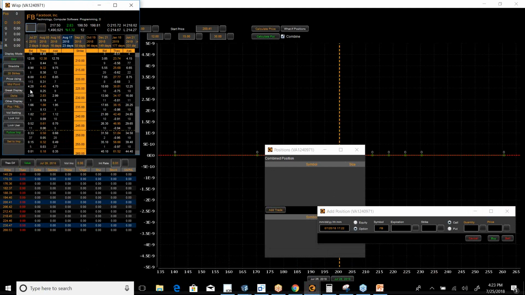So I'm going to set my short strike about where Facebook was today, around 220. And I'm just going to throw in some pricing. So my first strike would probably be around 200 or 210, maybe 205.